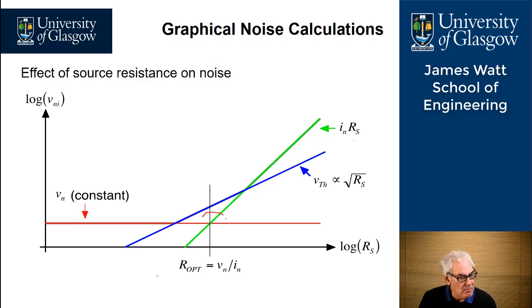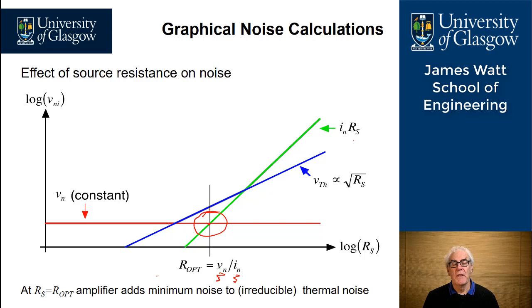And we find that the optimum source resistance for noise performance for a given amplifier is when the noise voltage divided by the noise current for the amplifier, which gives a noise resistance, is that point there. So we take the noise voltage from the datasheet, we divide it by the noise current from the datasheet, and we come up with that point there, which is the most appropriate point to operate an amplifier for lowest noise.